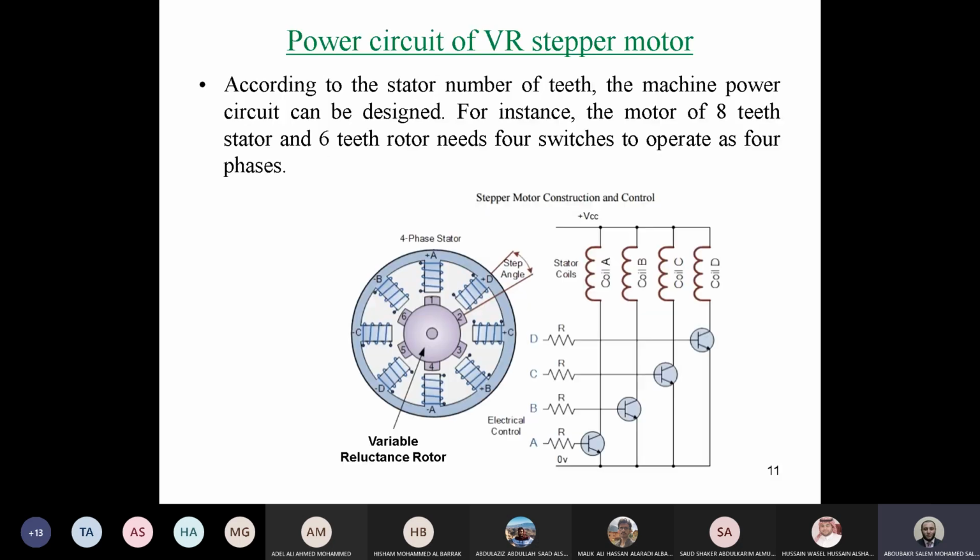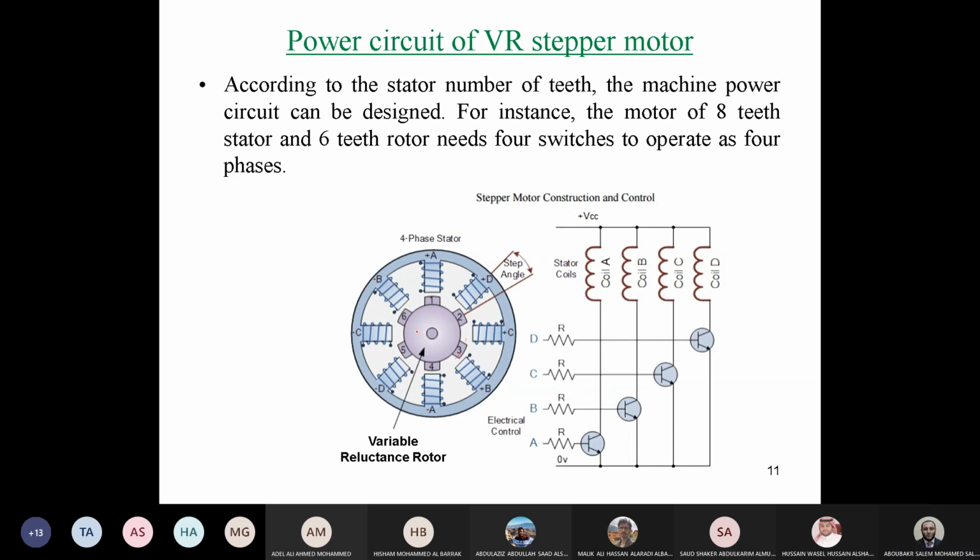Now regarding the power circuits, we said we have a sequence of pulses and we need to operate the motor based on these pulses. How can we translate these pulses into the real operation of a stepper motor? For instance, assume we have a 4-phase motor with 8 stator teeth and 6 rotor teeth.